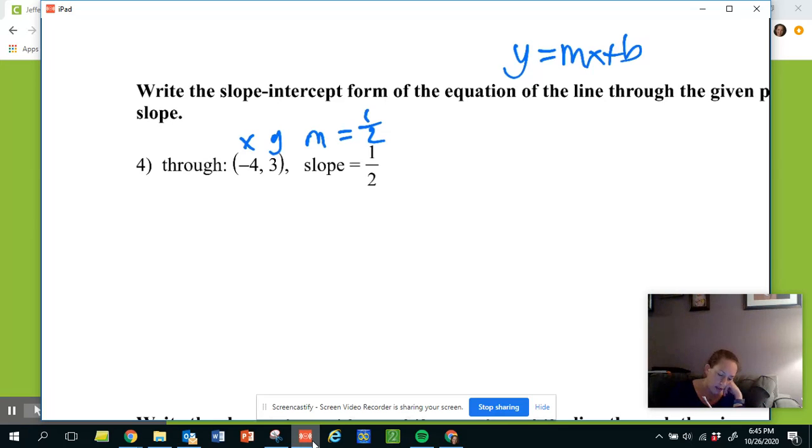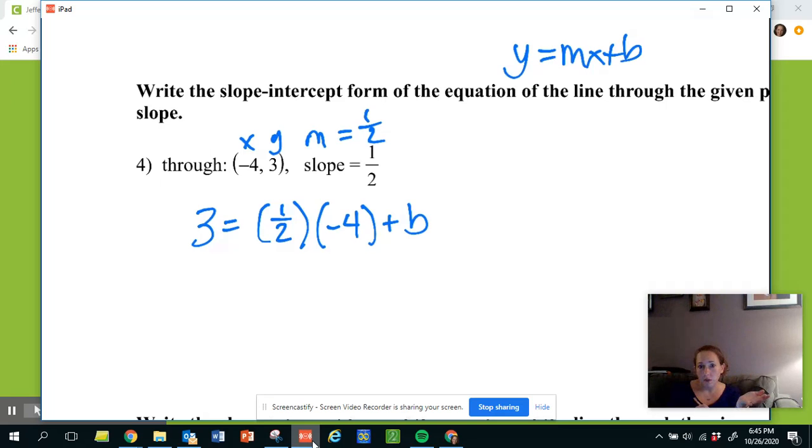So y is 3, so I'll say 3 equals, and then m is 1/2, x is -4, and I'm trying to figure out what b is. First thing I'm going to do is multiply these two numbers together. So I get 3 equals -2 plus b. If you ever need help with a multiplication or any of that stuff, feel free to use a calculator.